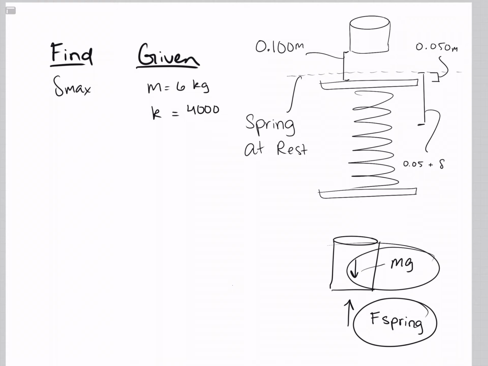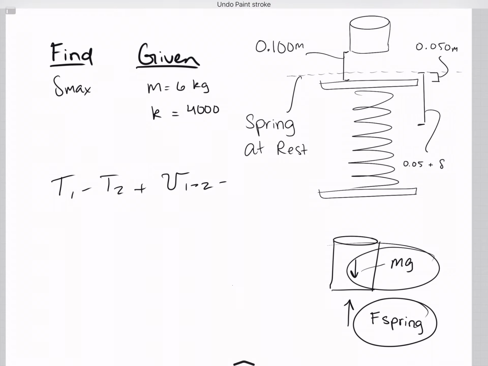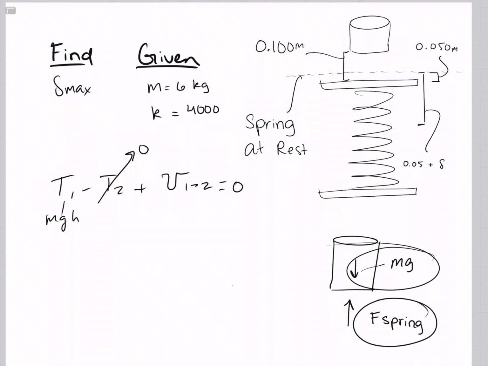So we have the two forces from the spring and the mass that we have to take into consideration. So we have the kinetic energy and the potential energy, and the change in that is 0. So we can plug in the information that we know, which T2 is at resting.